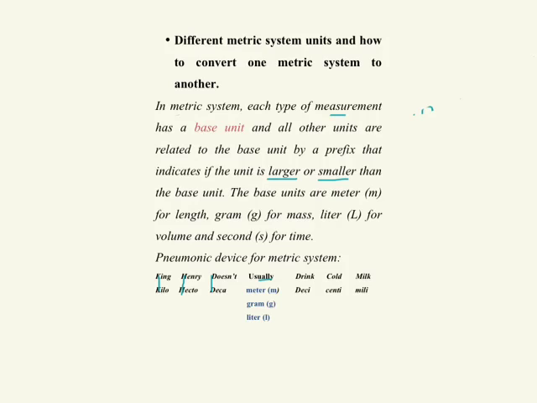This U is unit, and that unit can be meter, gram, or liter. D is deci, C is centi, and M is milli.